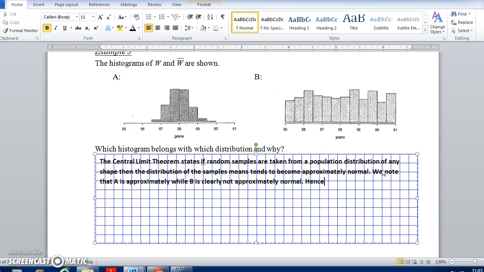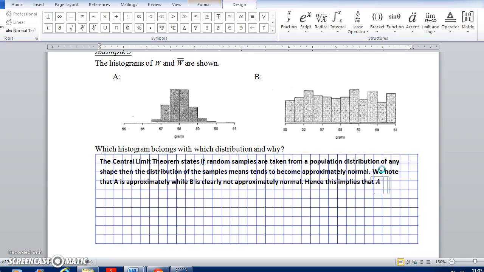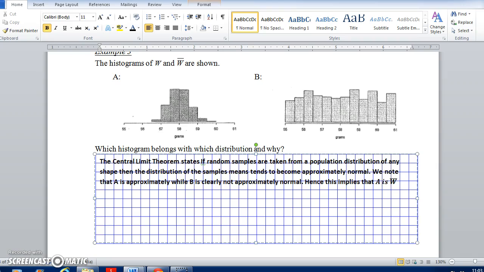Hence, this implies that A is W bar, while B is W. So what we've done in this section is we've stated what the central limit theorem says.